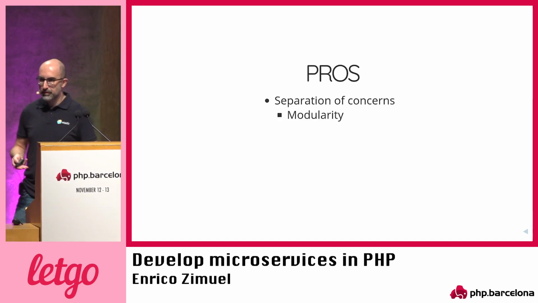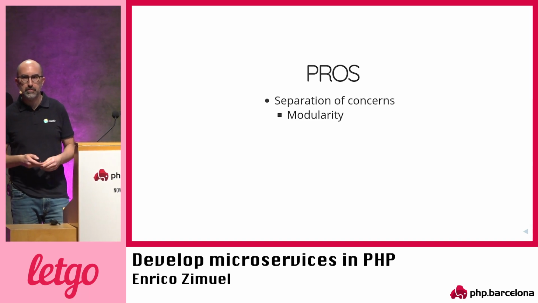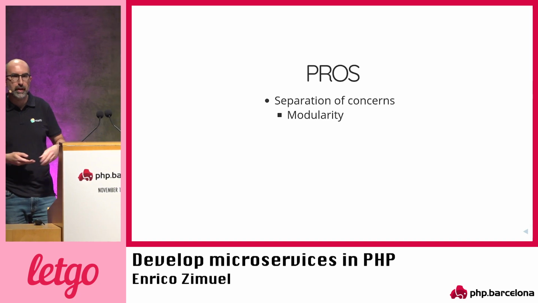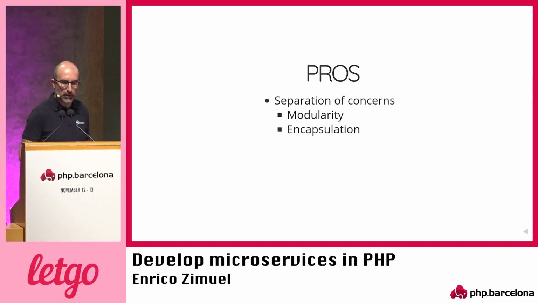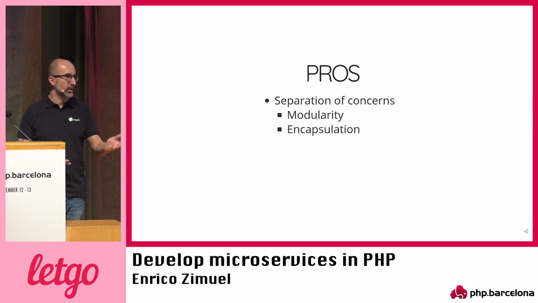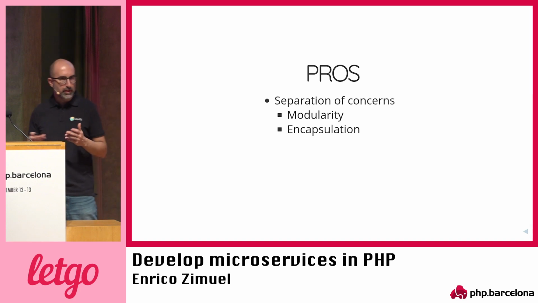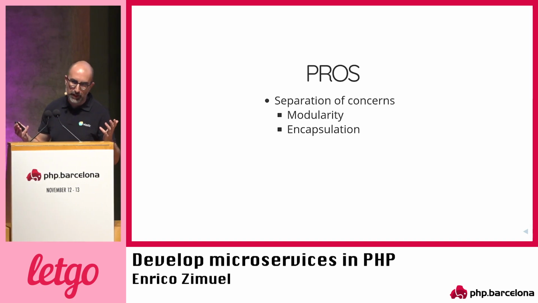Modularity, of course, because we are building services using HTTP. It's very modular. You can plug and play, change whatever you want. Encapsulation. Everything is in one service. So if you think about Docker, a container is a good example of encapsulation. Everything is there, separated from the outside, so it's quite easy to manage sometimes.